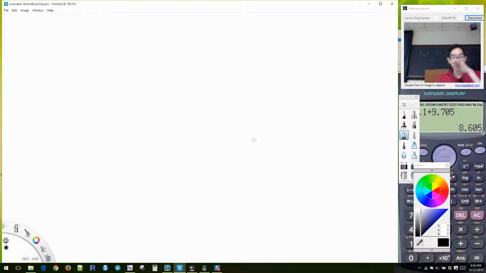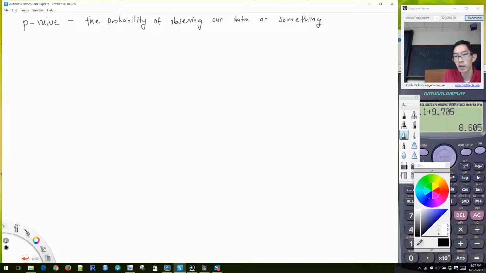Okay, and so here we have a notion of what's called a p-value. And the p-value, and this is a key definition that you should memorize at some point, is the probability of observing our data or something more extreme if the null hypothesis were true.